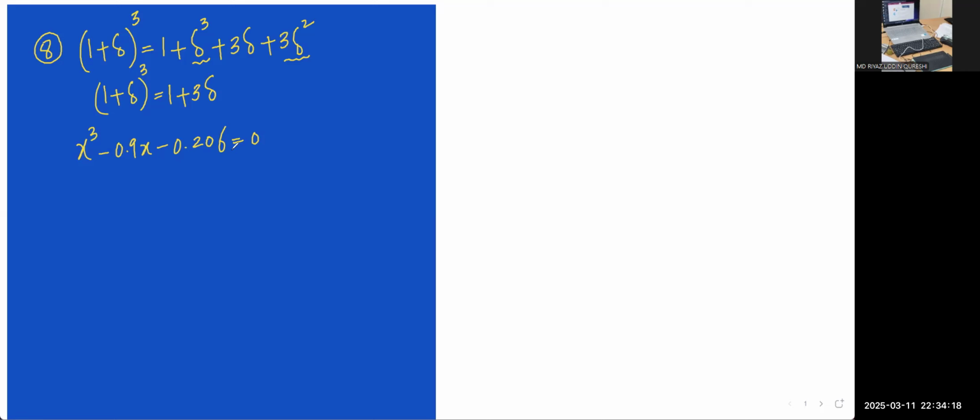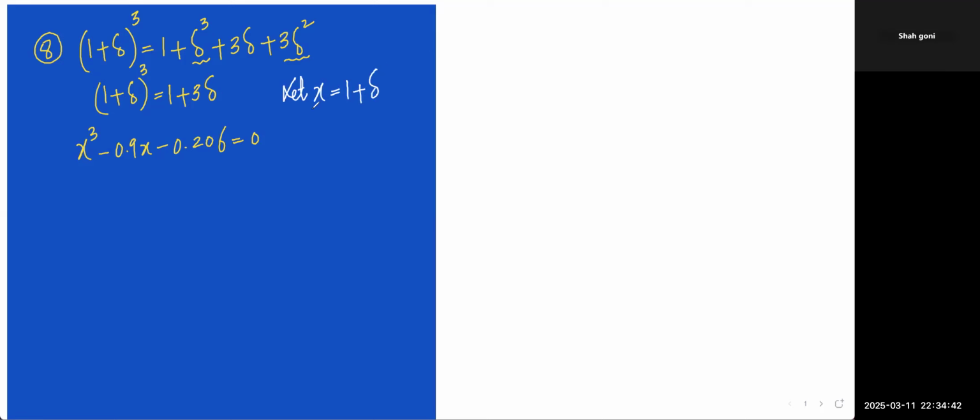So what we do here is, if I take x equal to, let me write it with some other color so we can understand, just assume that x is equal to 1 plus delta.